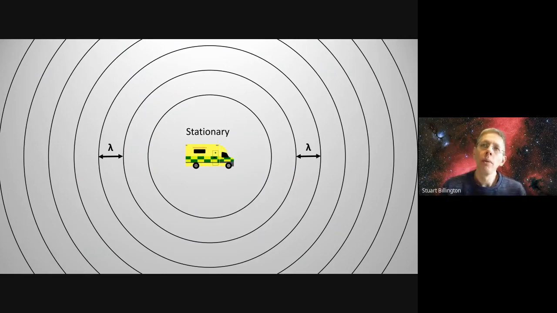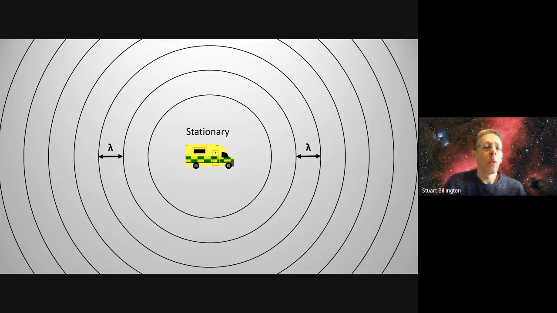So those are the peaks, or you can think of them for a longitudinal wave as the compressions of the wave. So air squashed together, air spread apart, air squashed together, air spread apart. Or you can think of it as peak, trough, compression, rarefaction, compression, rarefaction. However you want to think of it.